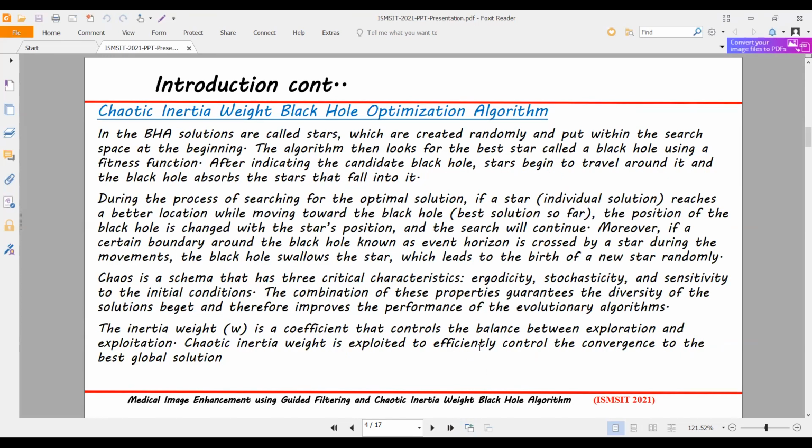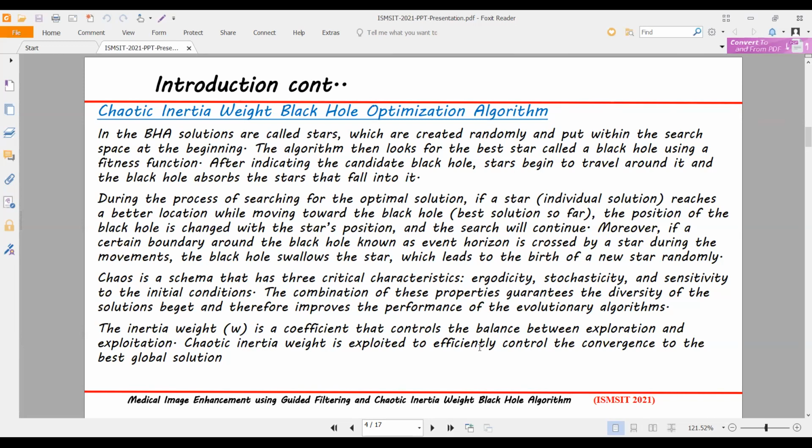Now, as in the introduction, I want to briefly explain our proposed approach, which is the chaotic inertia-based black hole algorithm. So what is a black hole algorithm? The black hole algorithm is an evolutionary algorithm that works with stars. At first, we create these stars randomly and put them in the search space. The algorithm then looks for the best star, which is called the black hole, using the appropriate fitness function.